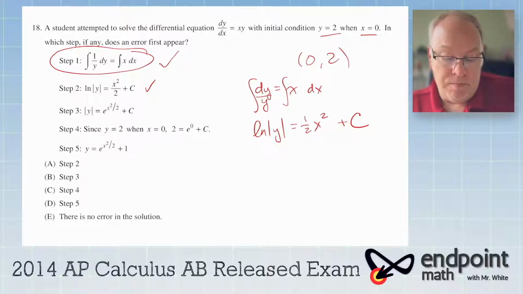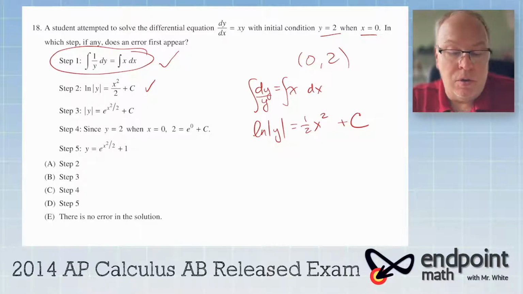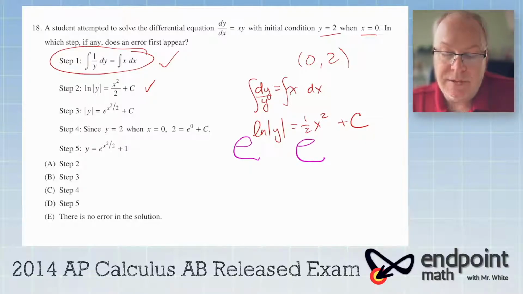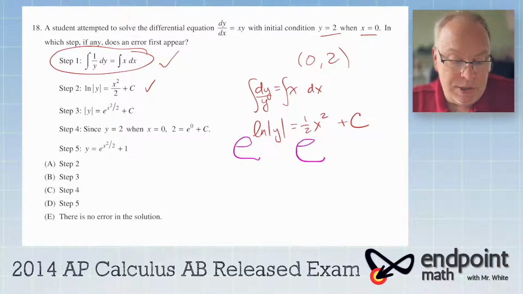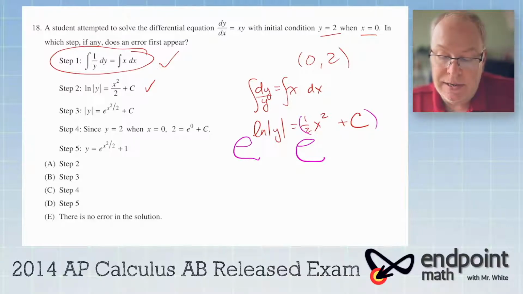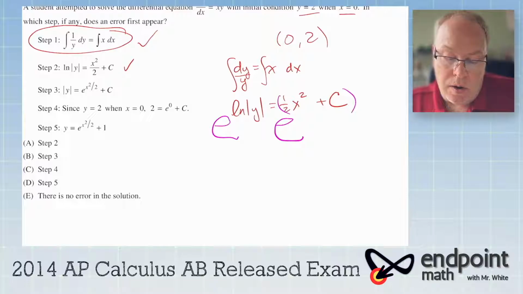Now what did they do? They got rid of the natural log by basically putting a base e on both sides, but they didn't quite do it correctly. This plus c shouldn't just be slapped at the end. Look what I did here. It actually should be up in the exponent.